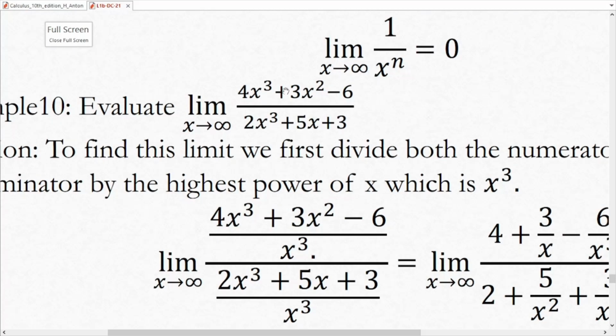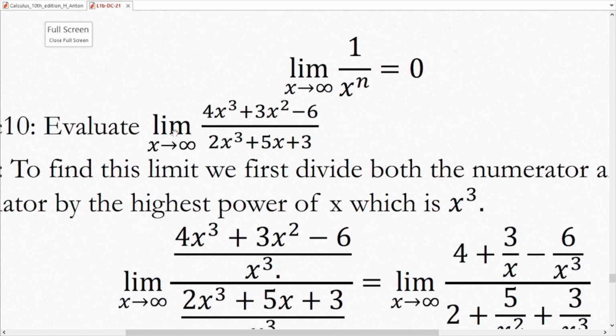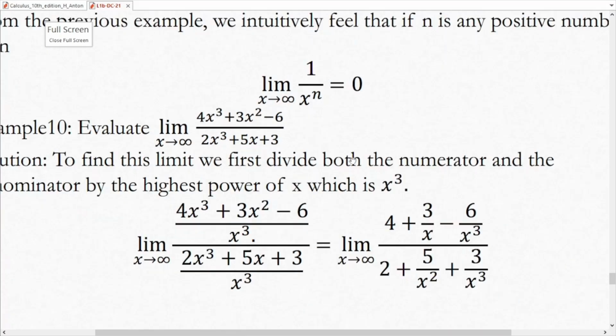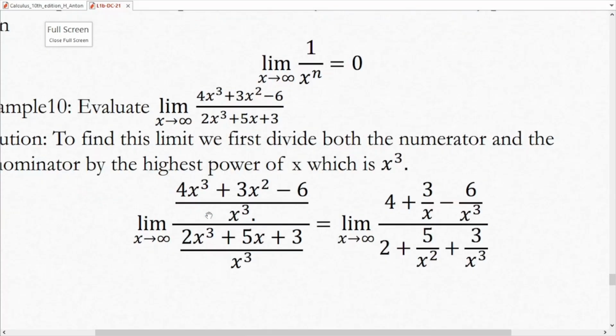Gagawin ninyo lang to kapag yung x is approaching infinity. Ang gagawin ninyo, i-divide ninyo both the numerator and the denominator by the highest power of x. Ang titingnan ninyo, ano ba yung highest degree of x? Sa case na to, that is x cubed. So, pareho nating i-divide yung taas at baba.